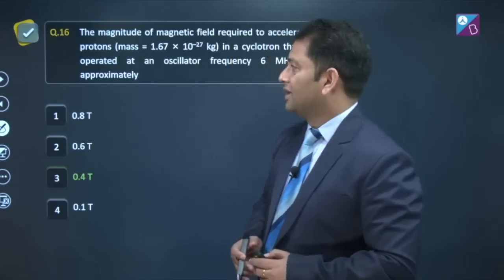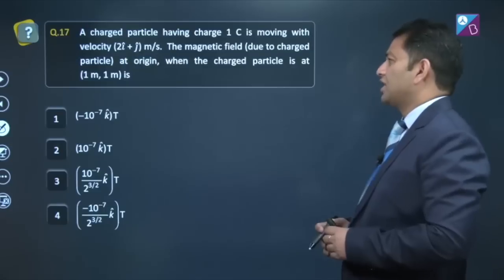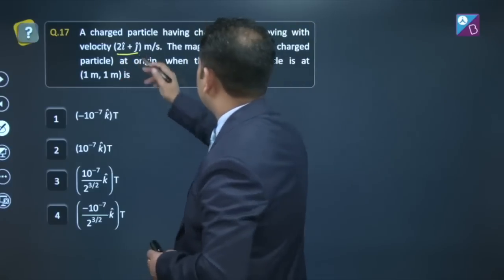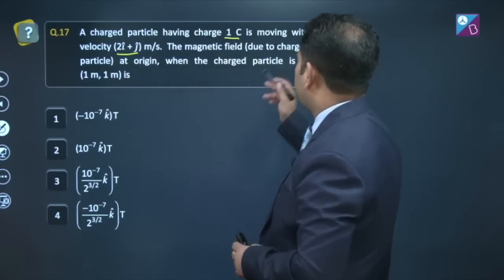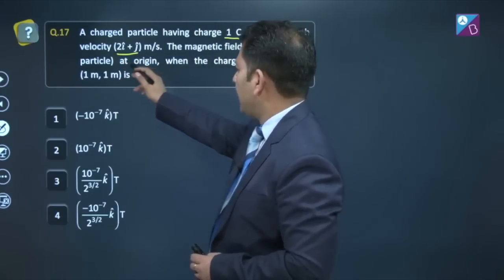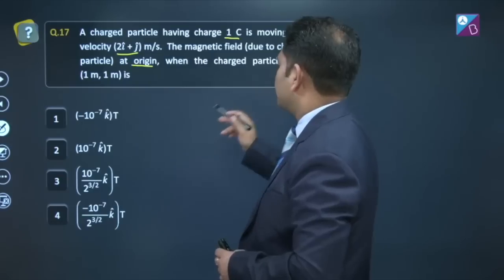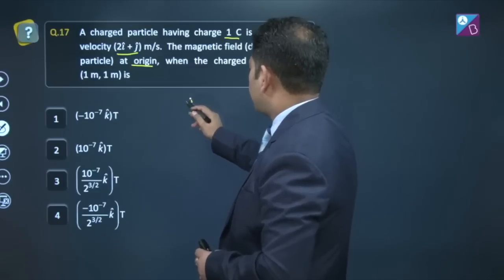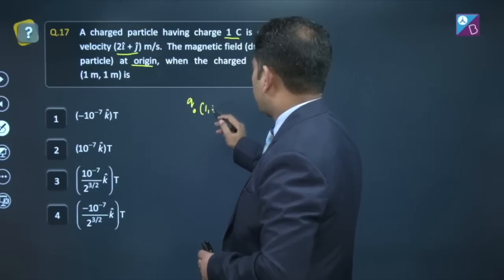Question number 17. चार्ज पार्टिकल का चार्ज दिया गया है, वेलोसिटी दी गई है. The magnetic field due to the charged particle at origin when the charged particle is at this. Okay, this is good. यानी कि charged particle is at 1,1.